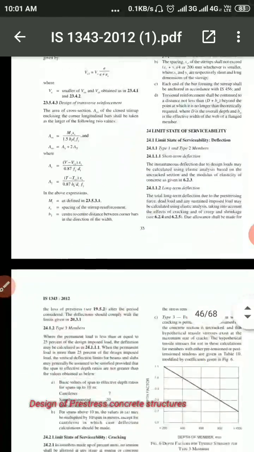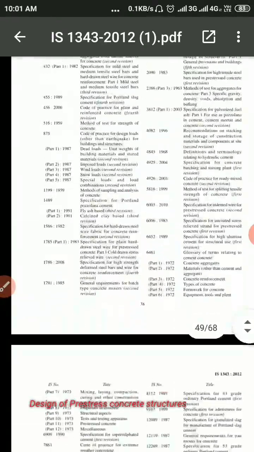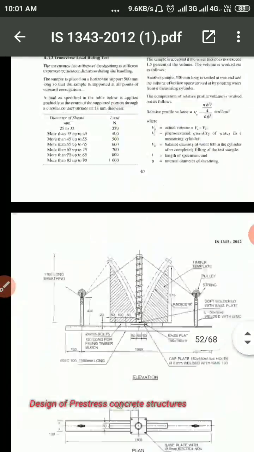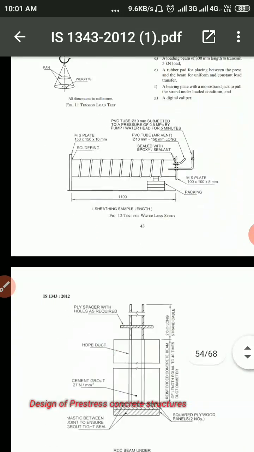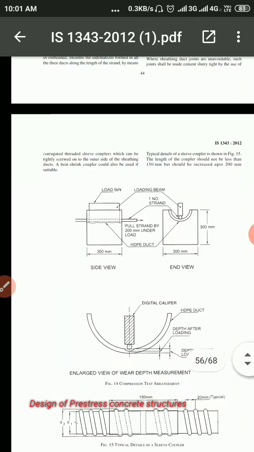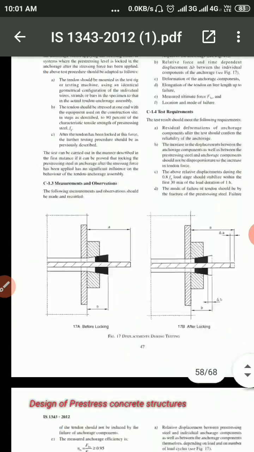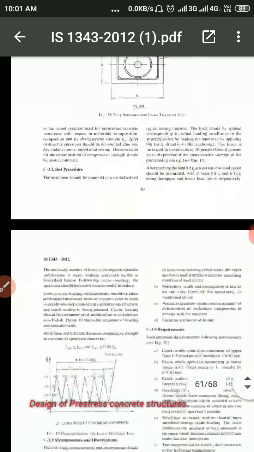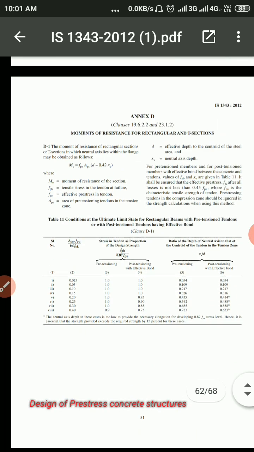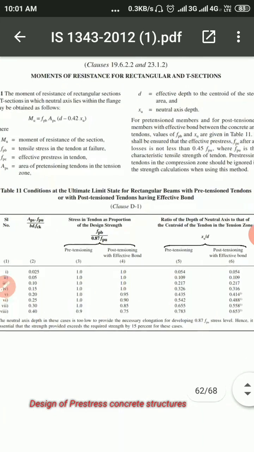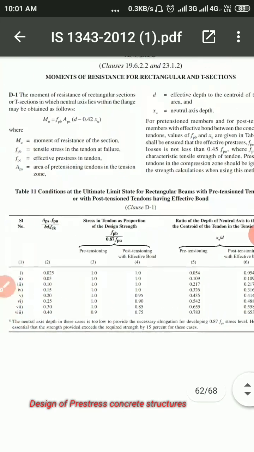For that we have to go to annexure D. In annexure D they have provided the flexural strength of prestressed concrete. So we'll see what the requirement or criteria is, and then we'll see the limit state of collapse. Here is annexure D, on page number 51.